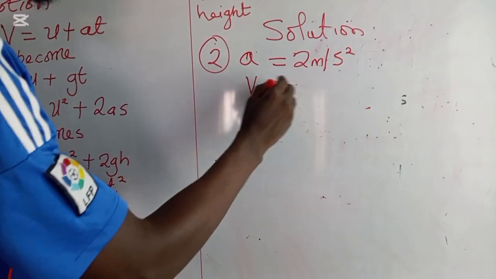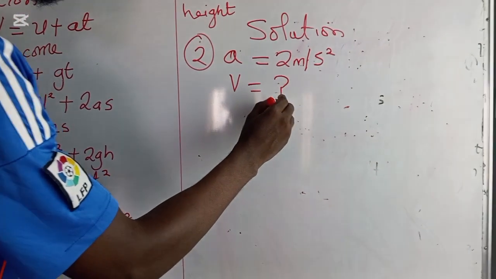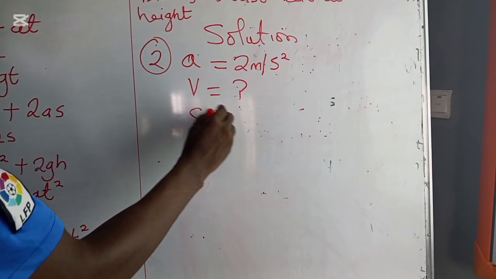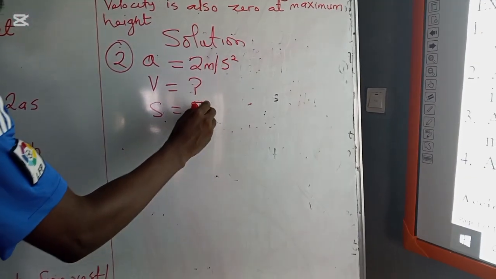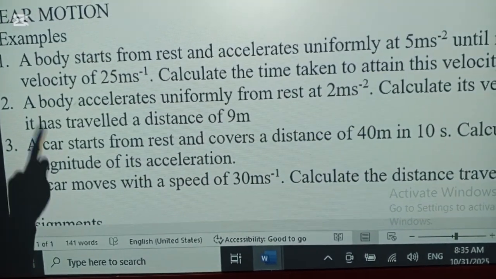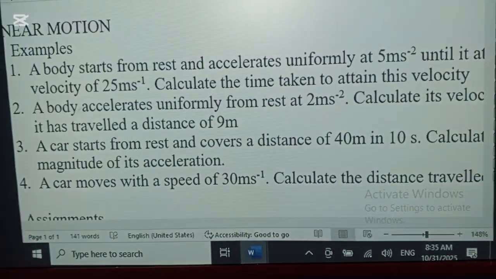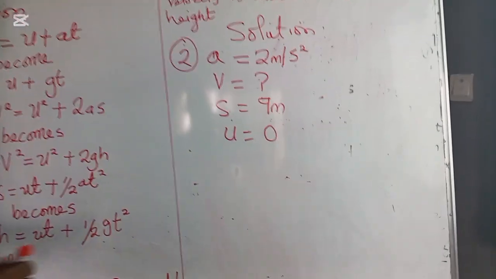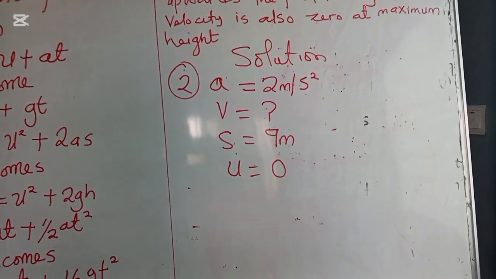So final velocity is what we are looking for, but distance x is 9 meters. But remember, there is a statement there: a body accelerates uniformly from rest, which means the initial velocity is 0.